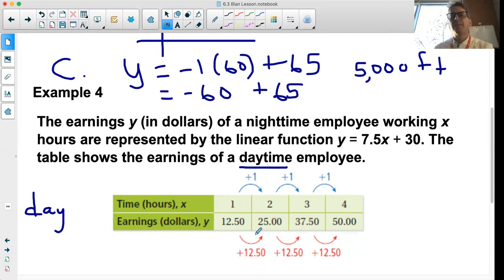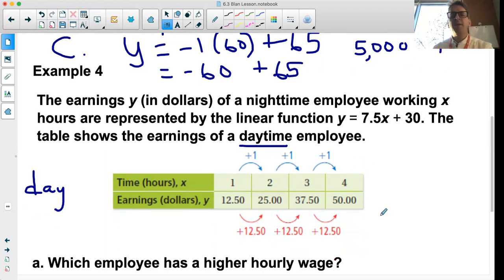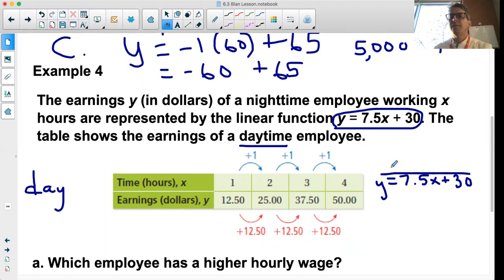Okay. The nighttime employee is y is equal to 7.5x plus 30. That's at night.